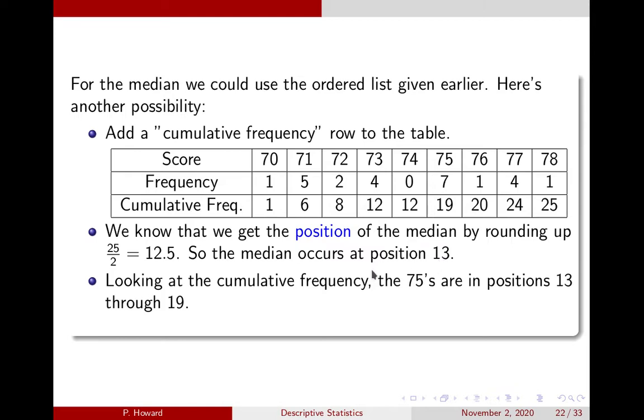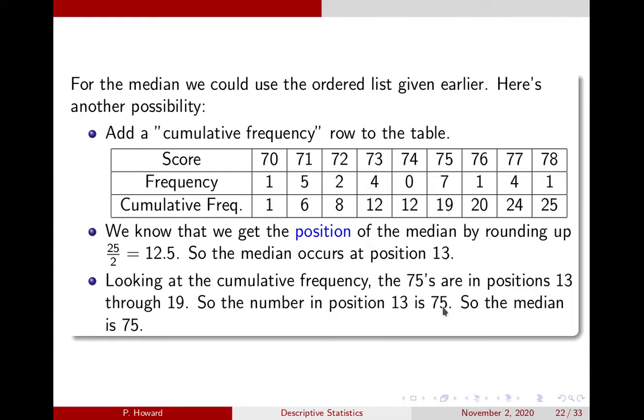And now looking at the cumulative frequency in the bottom row here, the 75s start at position 13 and end at position 19. So the number in position 13 is a 75. So that's the median.